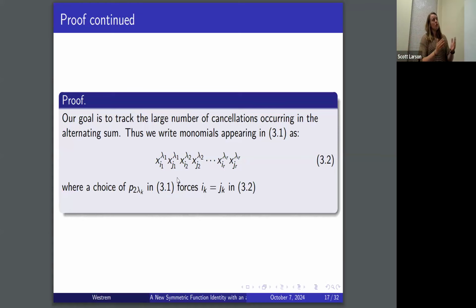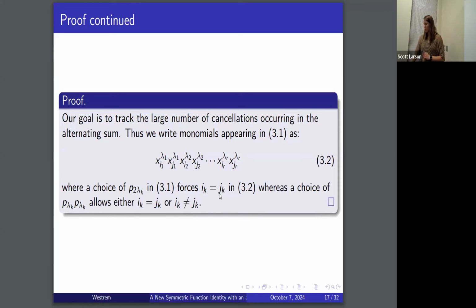And if along the way we had made the choice of p sub 2 lambda k, then in this monomial those 2 parts would come together and be 1, so x sub k would equal j sub k. So we're looking at these monomials, when we are combining them, and how that affects the sign in front. Again, if the choice was the opposite, p sub lambda k with 2 copies, we could combine them or not combine them.